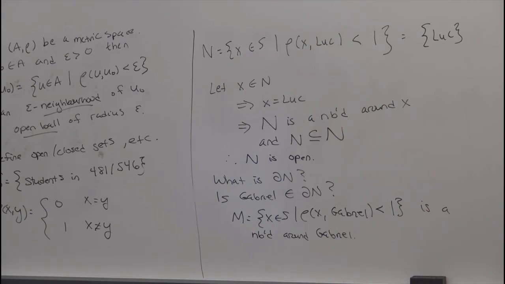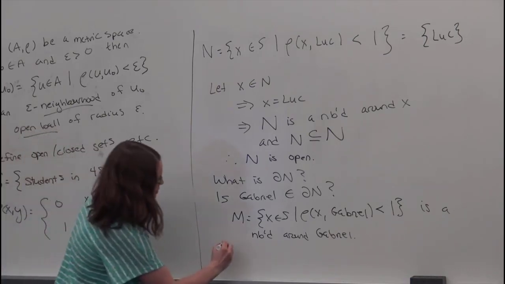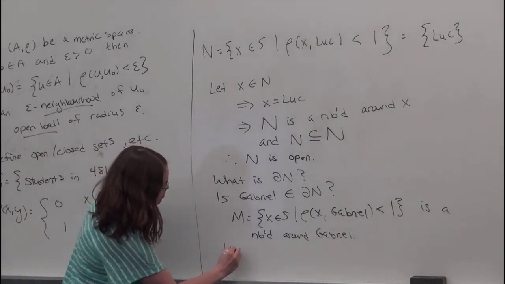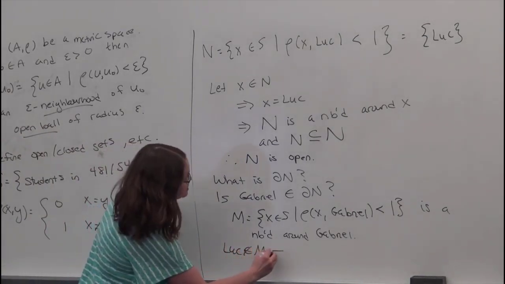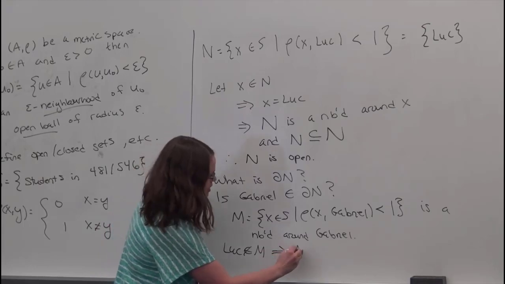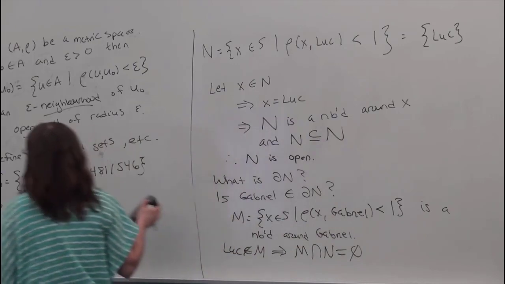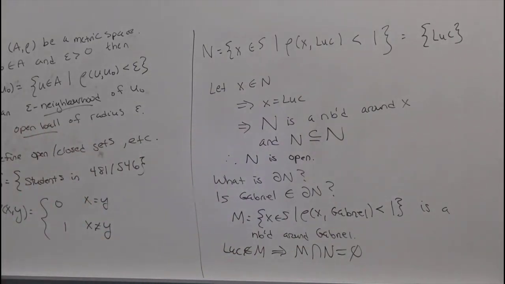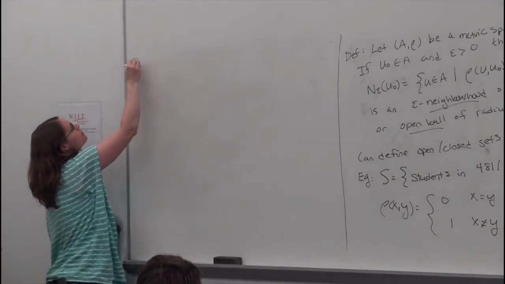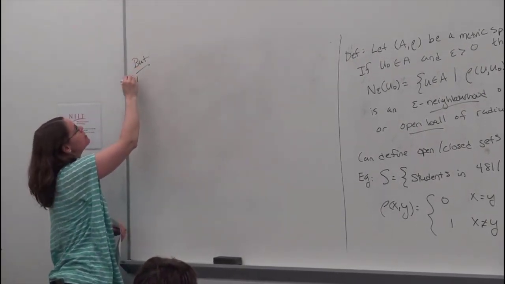So my question, I guess, is, there's only one point in N. Is Luke in this set? He's not. So, Luke is not in this set. So, indeed, this set has no intersection with my set N. But, right?